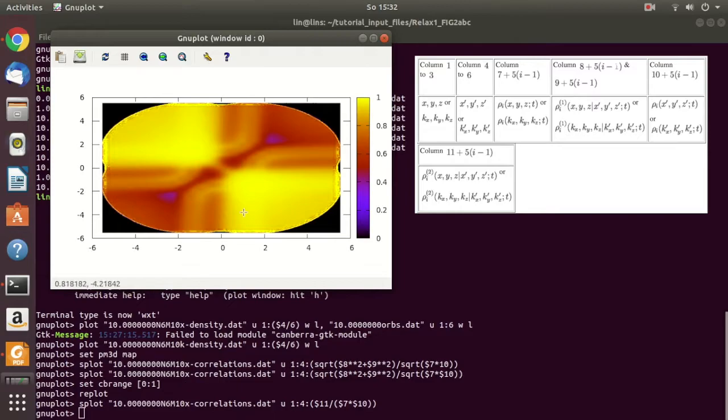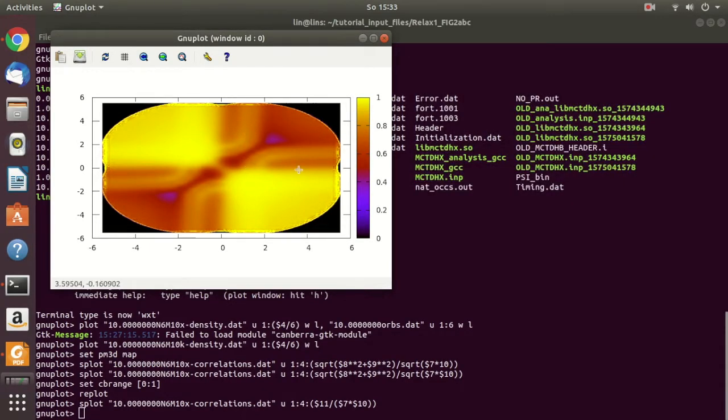So this is the two-body correlation function, and we can see that the off-diagonal term now is almost unity, while the diagonal term is slightly less than 1, but also far from 0.